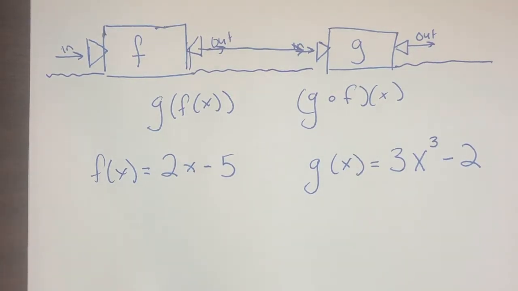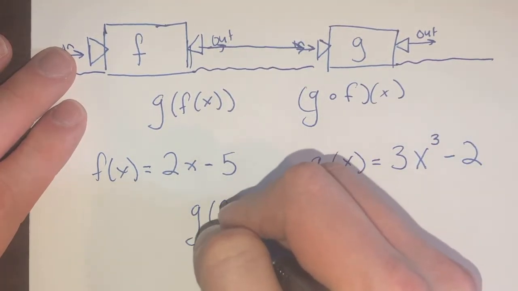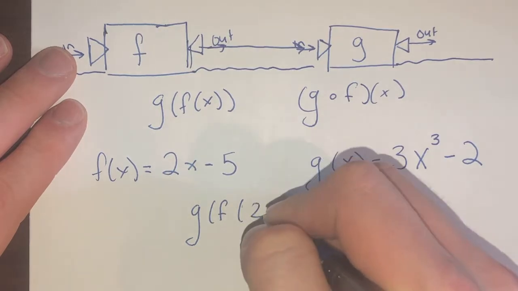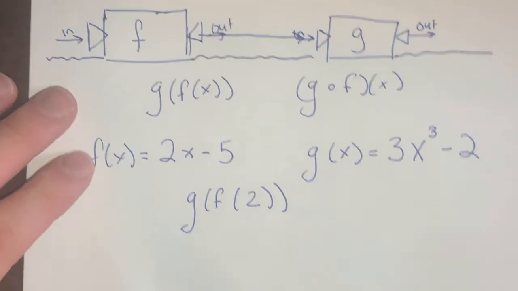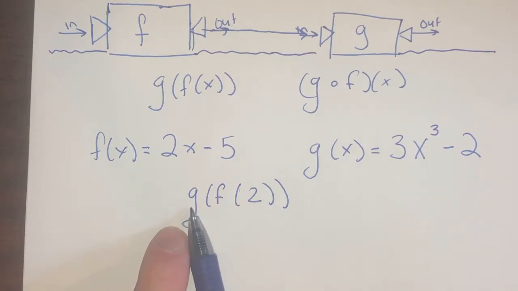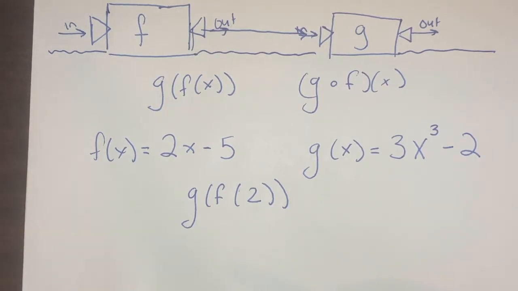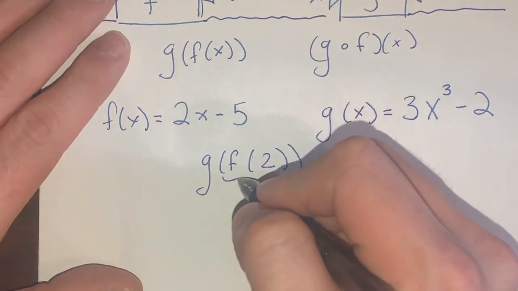So let's say that I want to know what is g of f of 2. I can't figure out what g of f of 2 is yet, because what information am I missing? I don't know what f of 2 is.